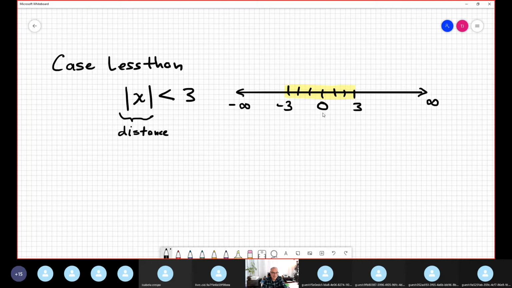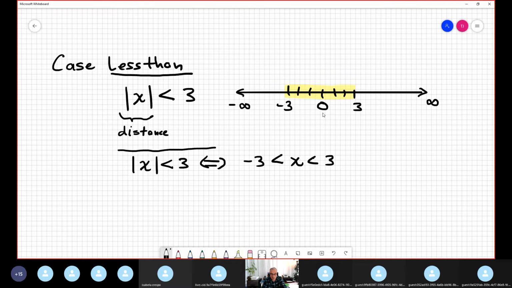Therefore, when you see the less than case, the interpretation is equivalent to saying x is in between negative 3 and 3.